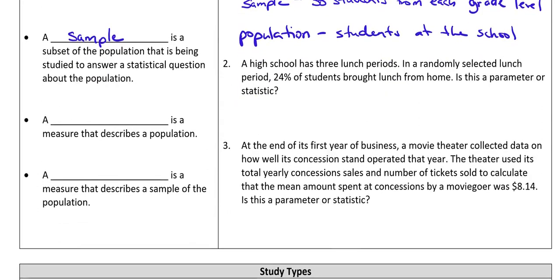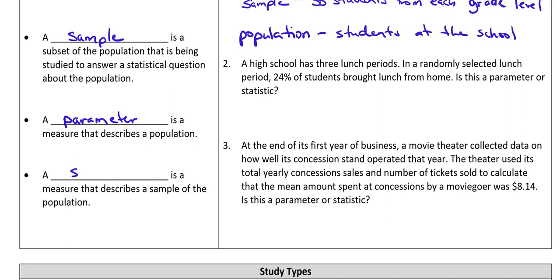Okay, so when we talk about those different types of numbers, we have different words for them. So a parameter is going to be a measure that describes the population. So when I took every student's GPA and ran the average, that would be a parameter because I could figure out from every single student's information what the average GPA at Science Hill was.